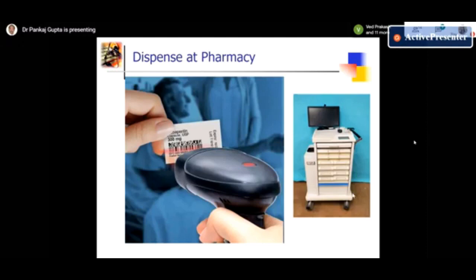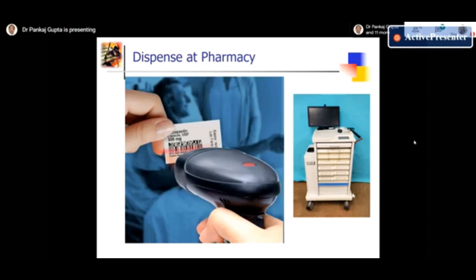So the system is automatically checking that whatever the physician has given is the one the pharmacist is dispensing. However, there is flexibility given to the pharmacist to do a replacement. Instead of one brand, he can give another brand, or in the same category of drug, instead of one molecule, he can give another molecule.